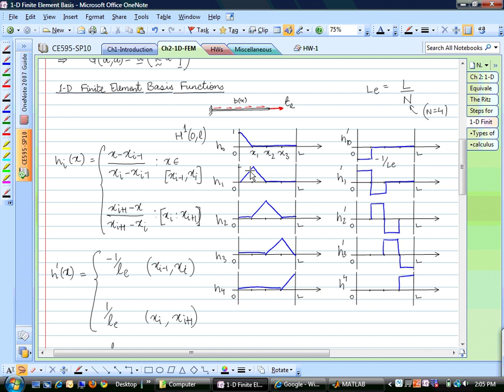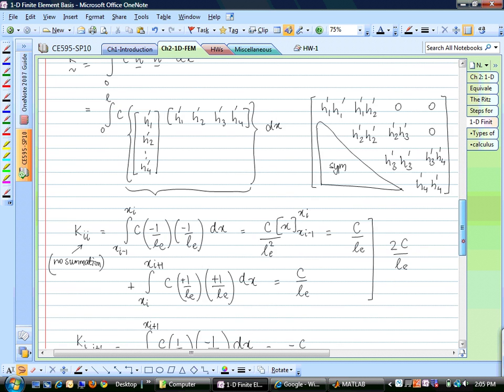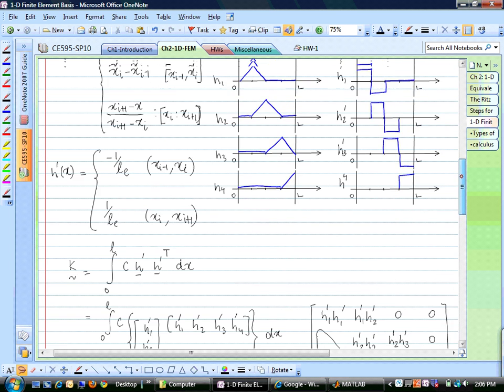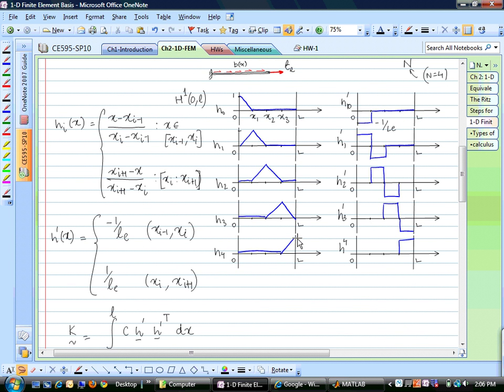So which would simply be LE, right? So what we get here is LE, LE, LE, and the last one would be LE divided by 2, because again, we have only the half of that function. So this area is half of the rest of them.